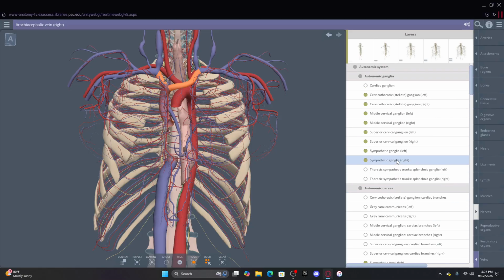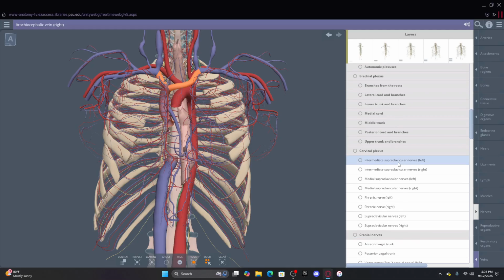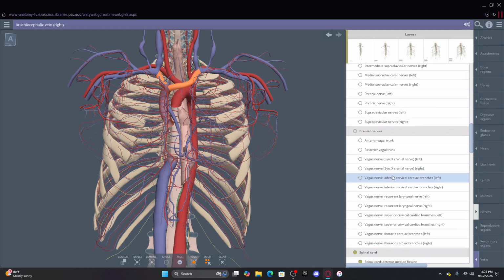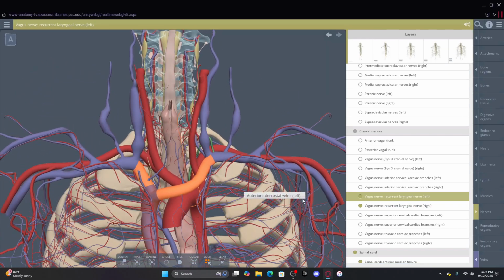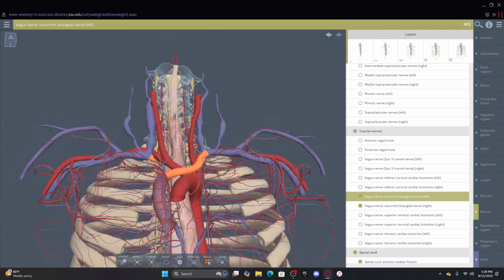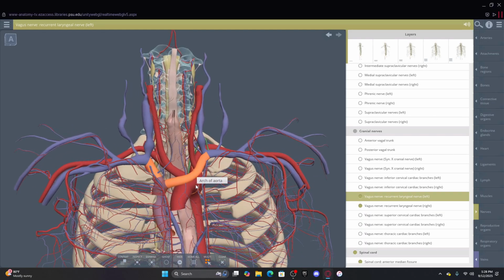Let me just select that nerve. It's lower here, cranial nerves. There we go. So it's a bilateral structure, but we usually only look at the left.